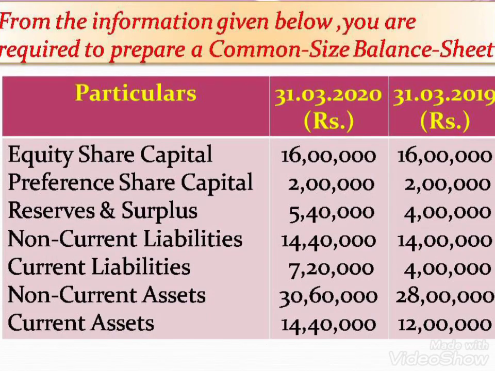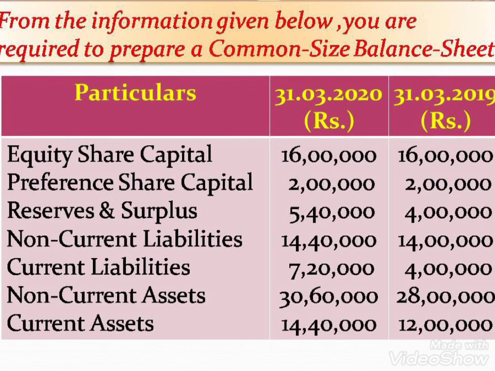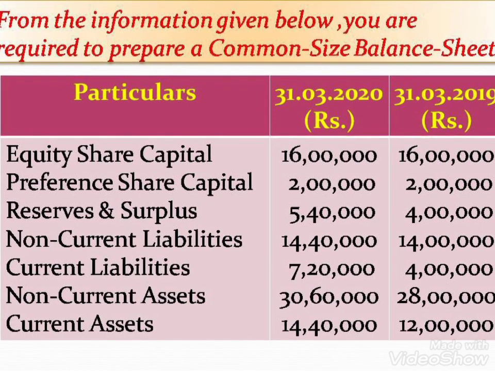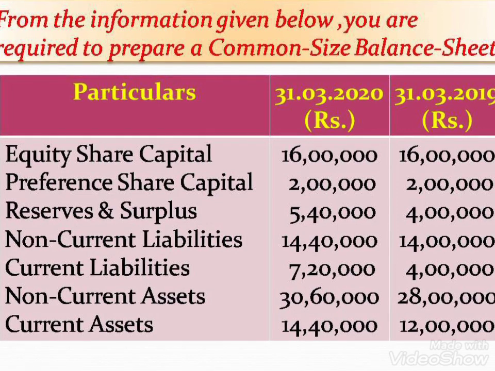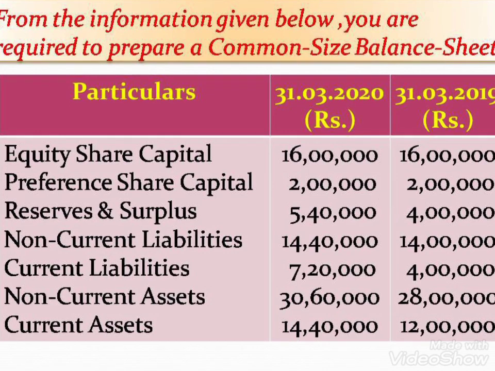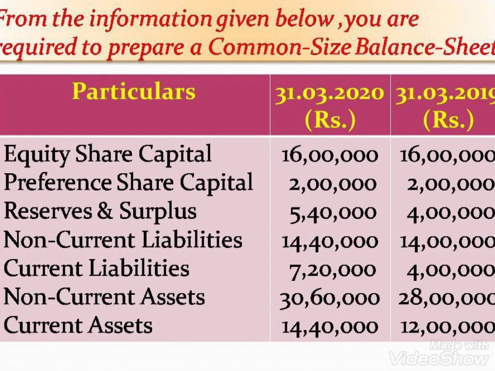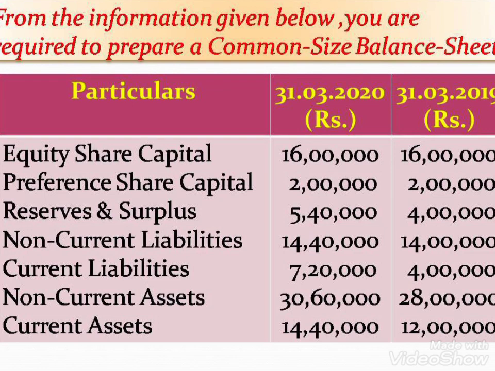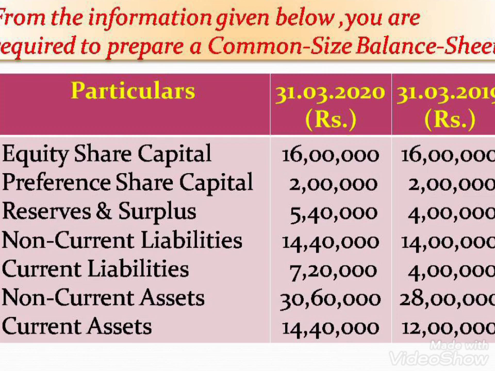In this practical problem, we have to prepare a common size balance sheet from the information relating to balance sheets of 2 years, that is for the year 2019 and 2020. Equity share capital 16 lakh for both the years, preference share capital 2 lakh each, reserves and surplus 4 lakh for 2019 and 5 lakh 40,000 for 2020.